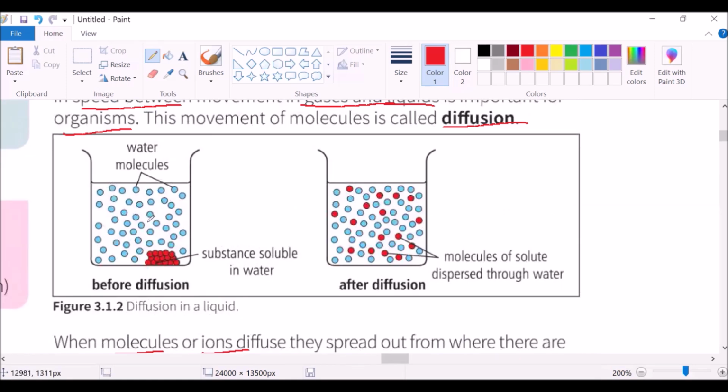So if we have a substance that is soluble in water, placed in water, at this position this substance is in high concentration, and at other positions here it is in low concentration. So this substance will spread out from this region of high concentration to regions where it is in low concentration, so that after diffusion, the particles are spread out evenly throughout the liquid.